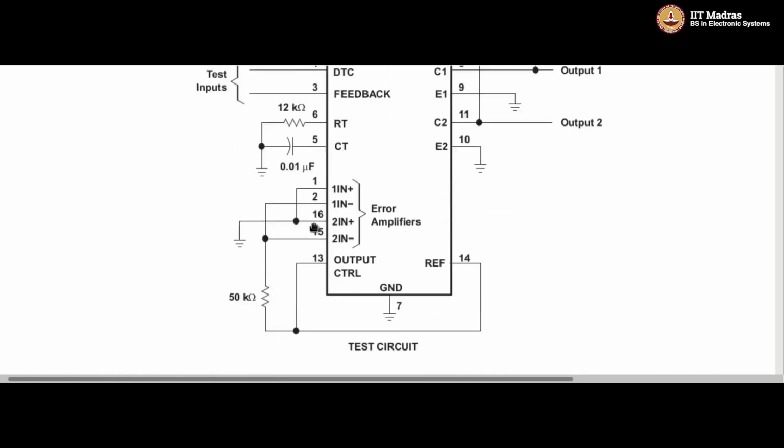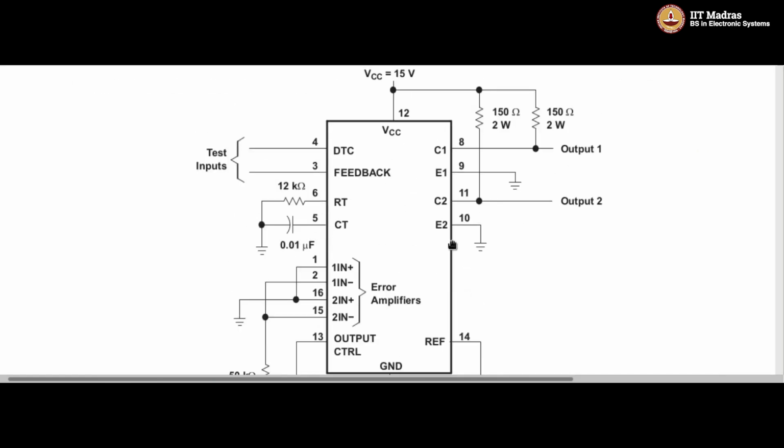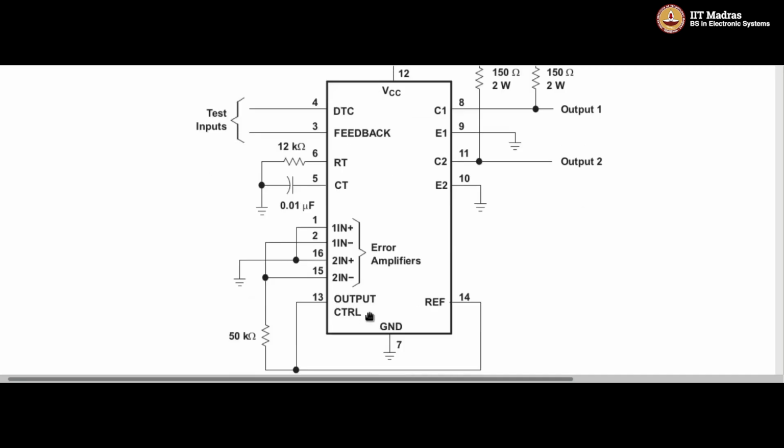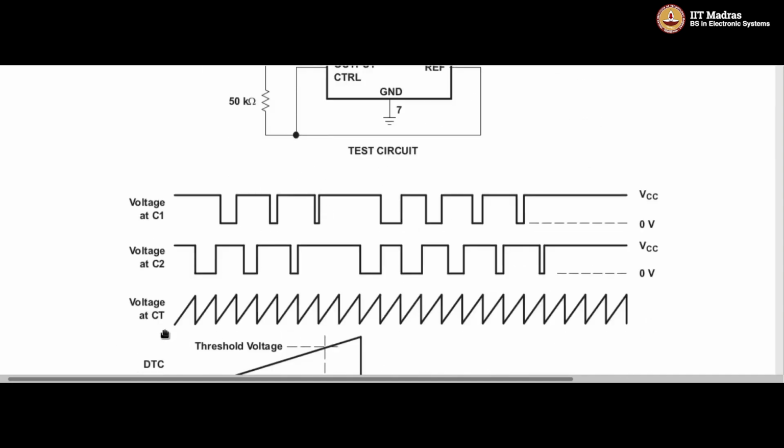Download its data sheet, and you can see there is a test circuit here, and you can set the carrier frequency by setting the RT-CT. If you monitor the voltage waveform at pin 5 across CT, you will see that it is a sawtooth carrier.